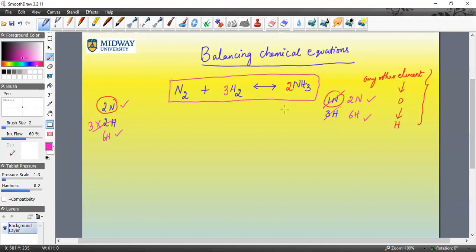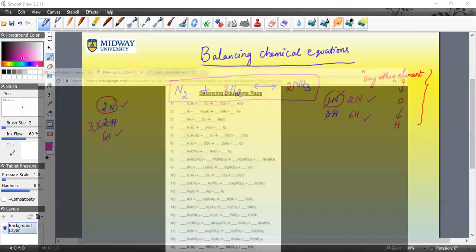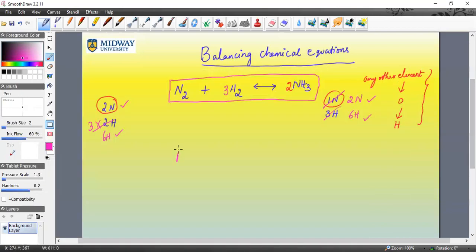Okay, let's look at a few other examples. Let's do this. Al plus Al3FeN2 going to AlN plus Fe. Say this is the reaction I give you. Well, in this case, there's no oxygens, there's no hydrogens.